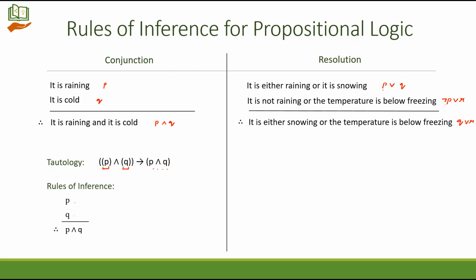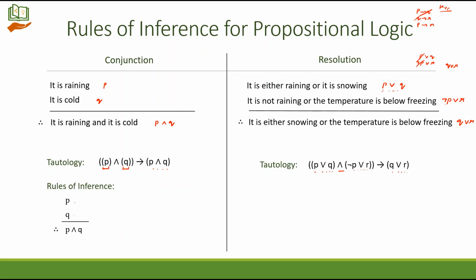In hypothetical syllogism, we had something like P implies Q, Q implies R. From there we got P implies R. So we are leaving this part. This is hypothetical syllogism. But in resolution we have P or Q, negation of P or R. Here we are leaving this positive and negative part of proposition and we are connecting it using Q or R. So in order to get this tautology expression, once again I am telling you, you have to know the order here.